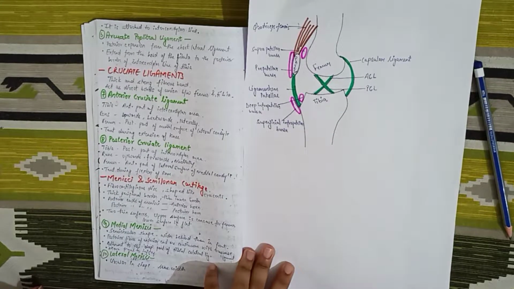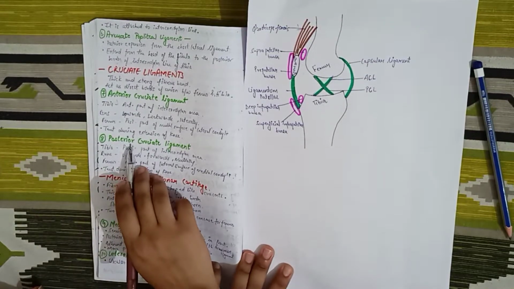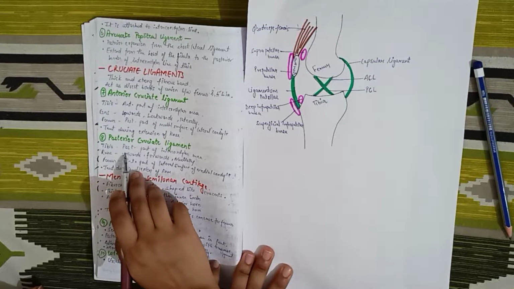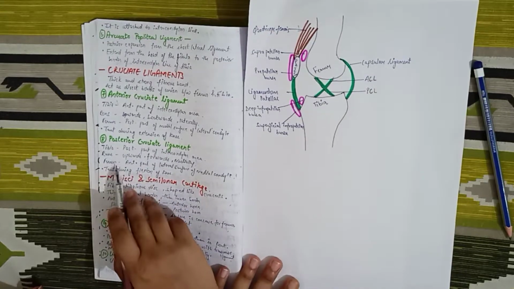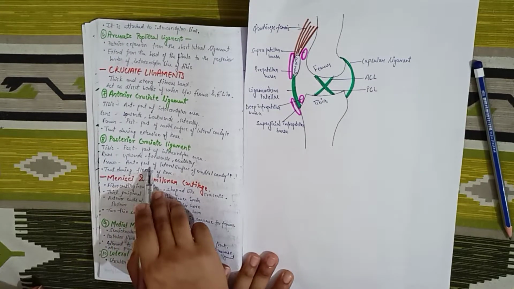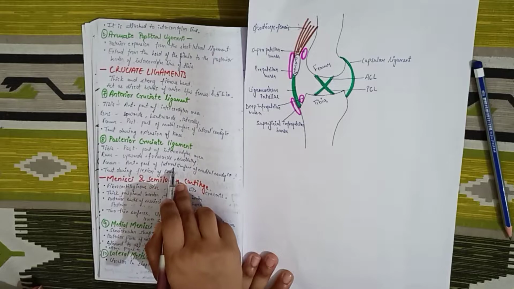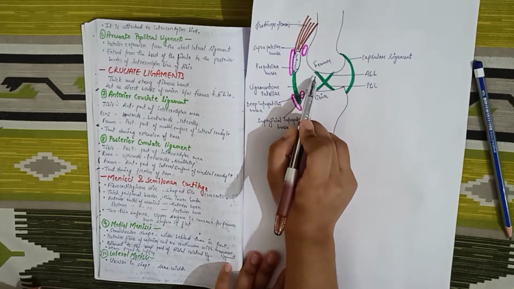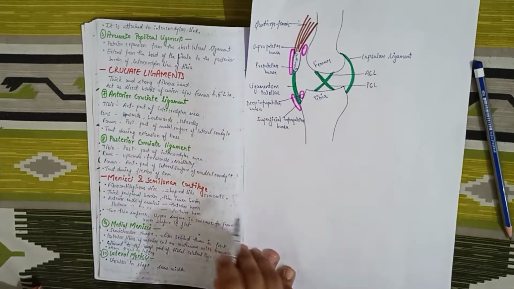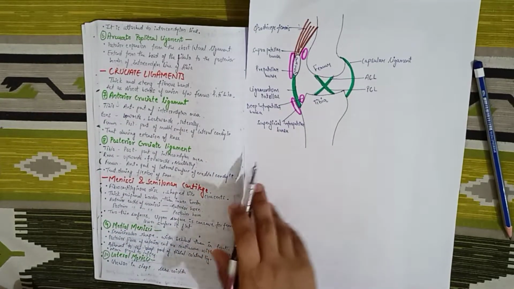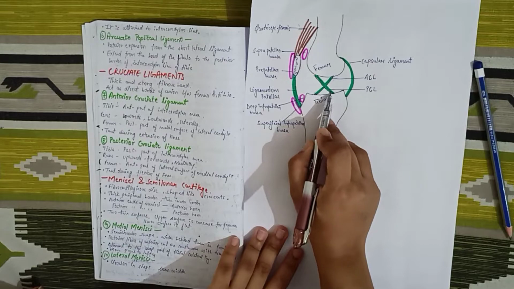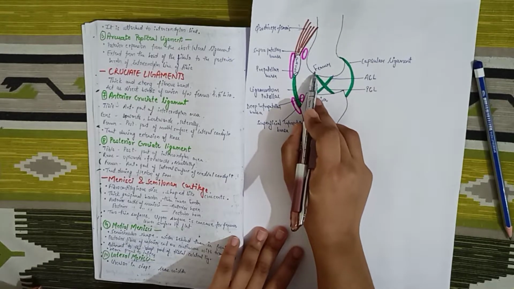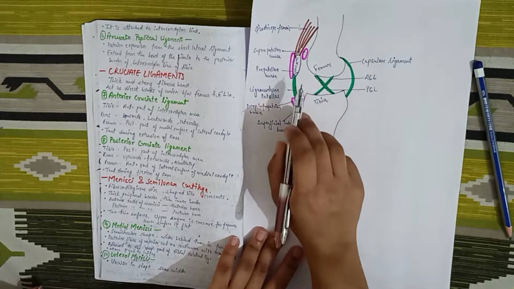Now the posterior cruciate ligament. On the tibia it is attached to the posterior part, and on the femur it is attached to the anterior part of the lateral surface of the medial condyle.